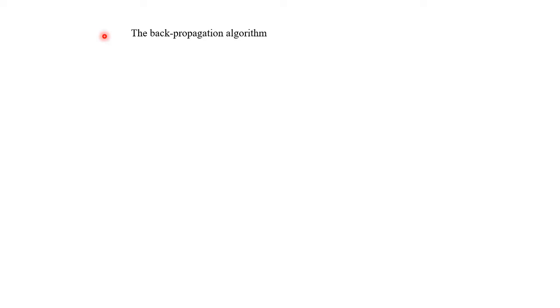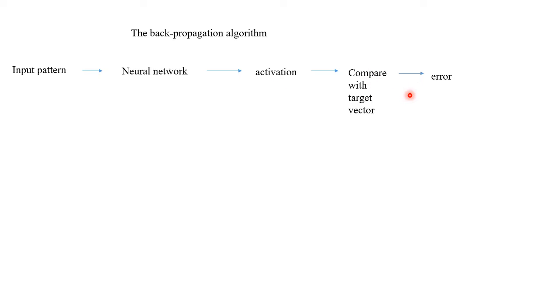The method of achieving that minimization of the error is the backpropagation algorithm. We will discuss this in great detail just now. In general, there's an input pattern which will be fed into the neural network, produces an activation, and we'll compare that with the target vector, and then we'll get an error vector, and from that the sum of the squares of the errors.